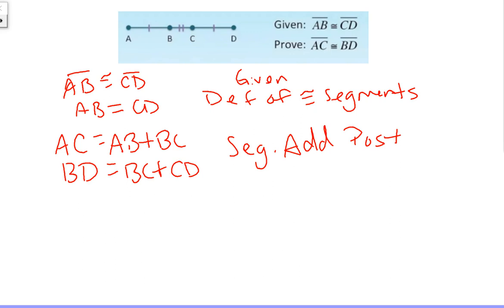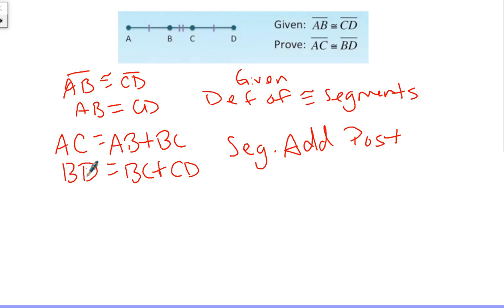Well, what did we already state, however, about AB and CD? We already stated that they were equal to one another. So if you remember correctly, when we state they're equal to one another, that gives us the freedom to interchange, substitute, swap out, however you want to think about it, at any time. And if BC is already the same, and AB and CD are the same, AC equals BD might not be too hard to find.